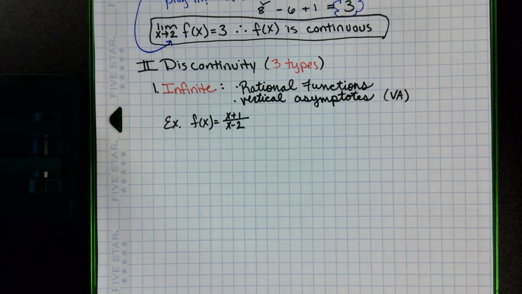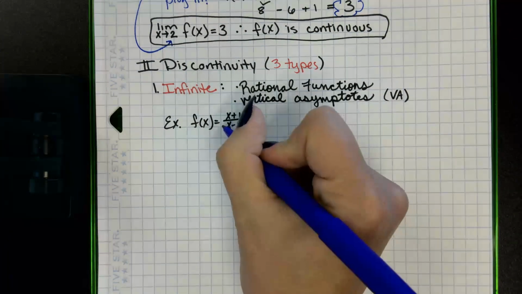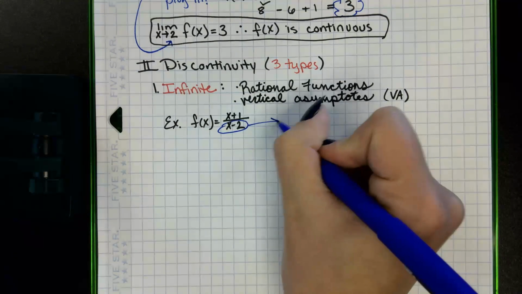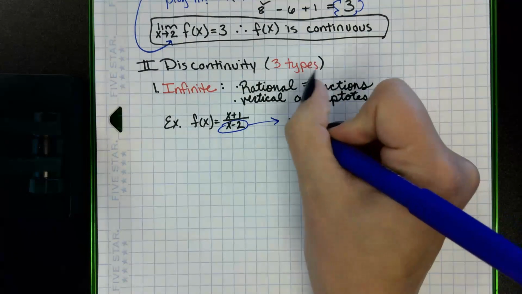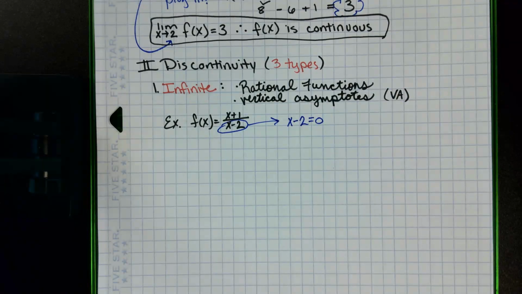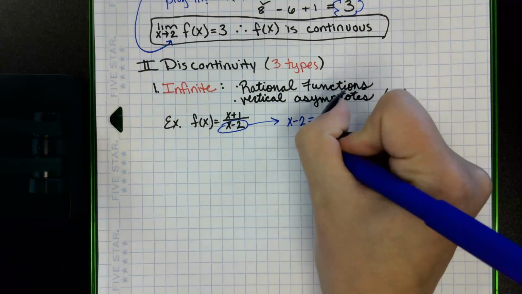So x plus 1 on top, x minus 2 on bottom, that's it. But you should also remember that, as with all fractions, you cannot have a denominator equal to 0 in order for it to exist, right? You cannot divide by 0. So we have to take this denominator, x minus 2, and set it equal to 0. So x equals 2.